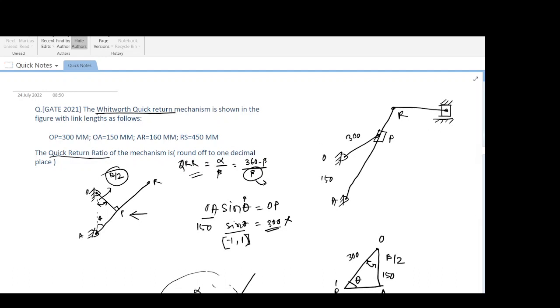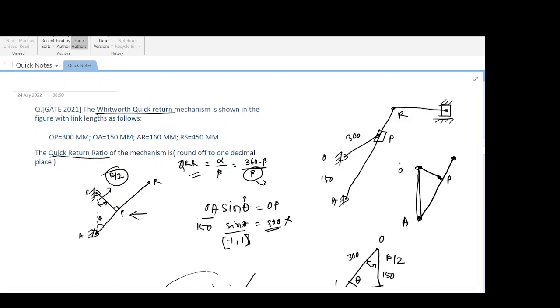In the crank slotted mechanism, we simply refer to this figure OAP to solve any numerical that appears for the crank slotted mechanism.